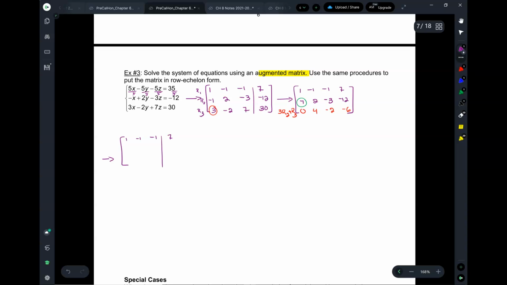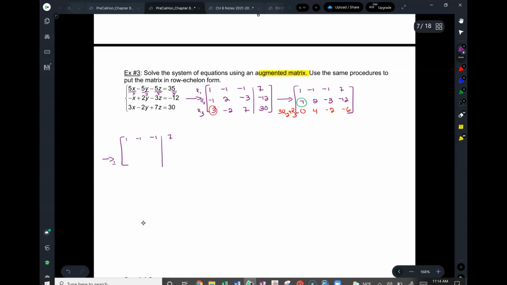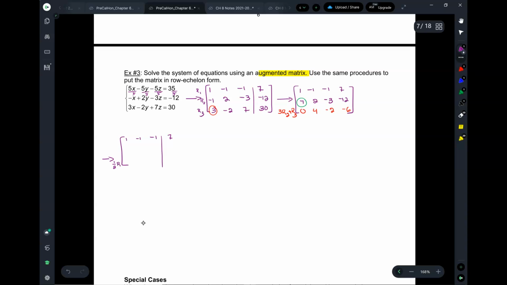I'm going to copy down the last row. But do you see how you can divide that whole thing by 2? You can do more than one operation at a time in each step. So I'm going to just do half of row 3. That's going to be 0, 2, negative 1, negative 3.